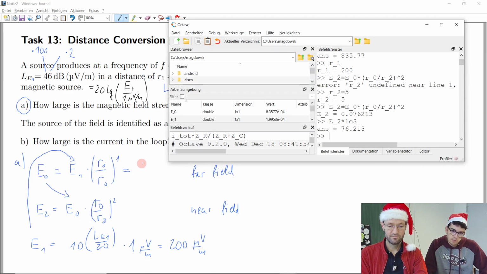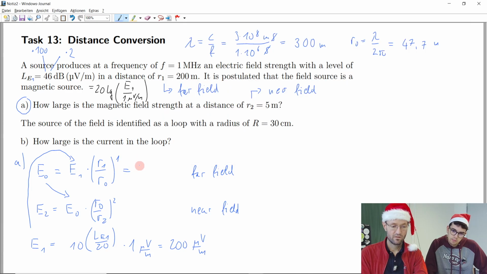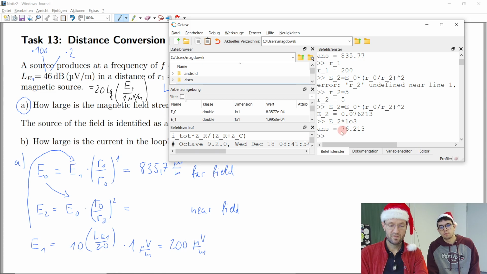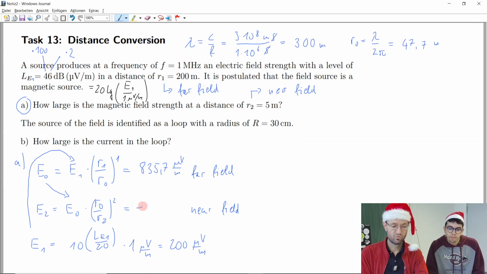So we got 835.7 microvolts per meter in the far field, and we got 76.2 millivolts per meter in the near field.